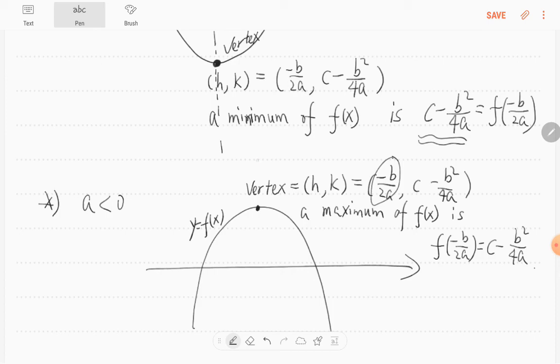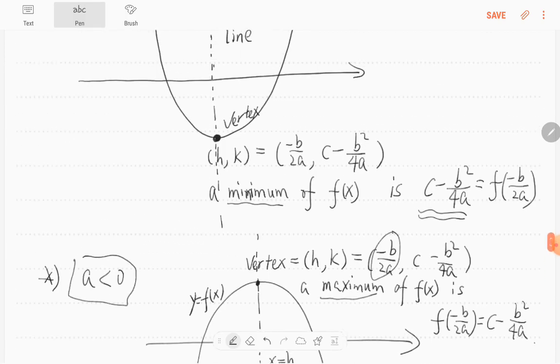The symmetry line is still x equals h. The only difference is that in one case it gives you the minimum value, and in the other it gives you the maximum value, which is c minus b squared over 4a too. It depends on the sign of a.